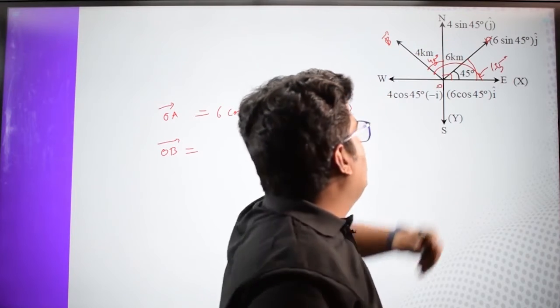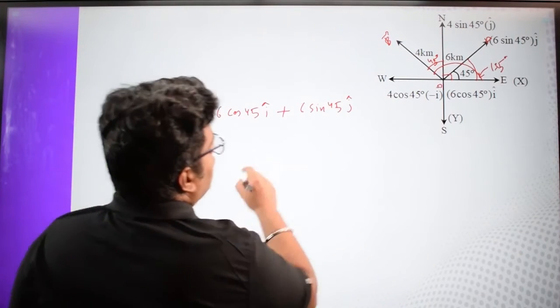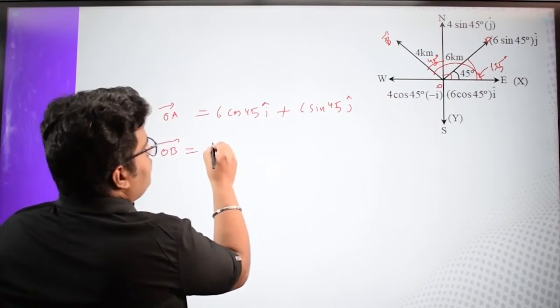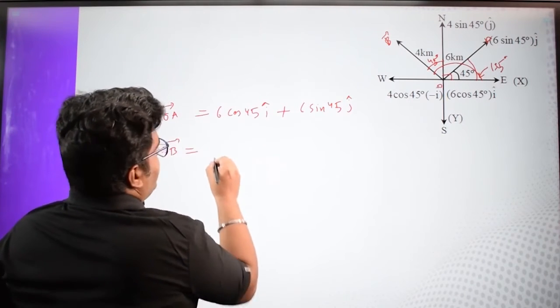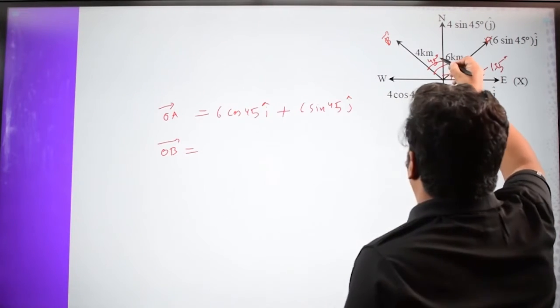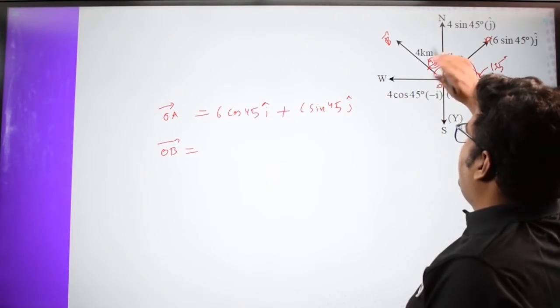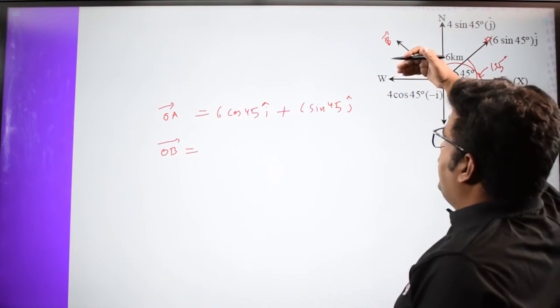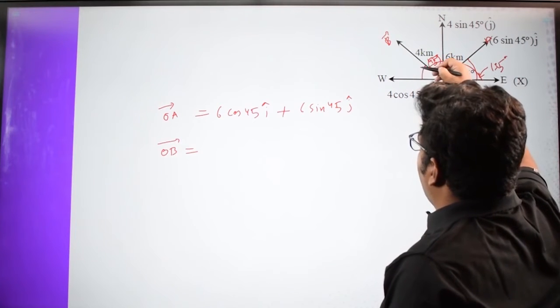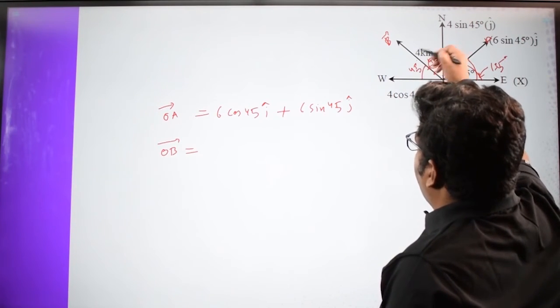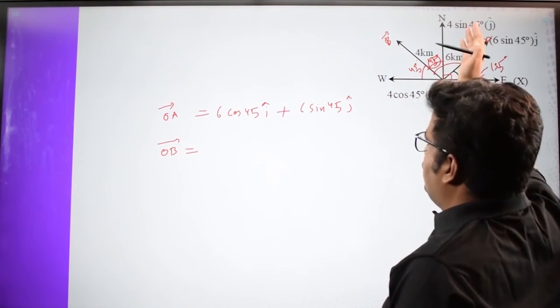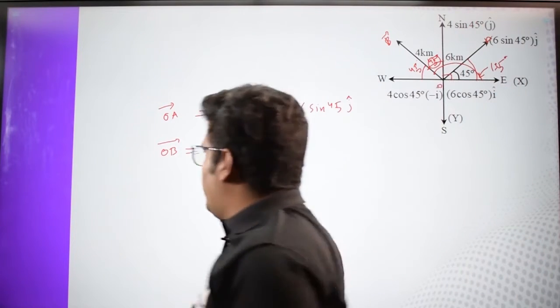Now along y-axis it will be what? 4 sin 45 j cap. Now if we are taking this angle as 45, it is up to us. If we are taking this angle as 45, तो हम यहाँ पे cos ले लें, यहाँ पे sin ले लें. And if we are taking this angle as 45, then we can take cos on this and sin on that. So it is your choice wherever you want to take.